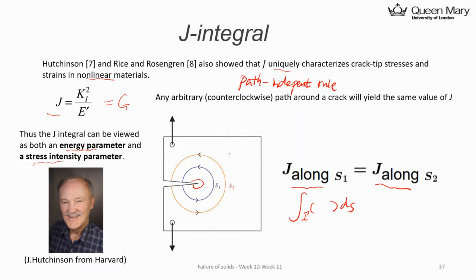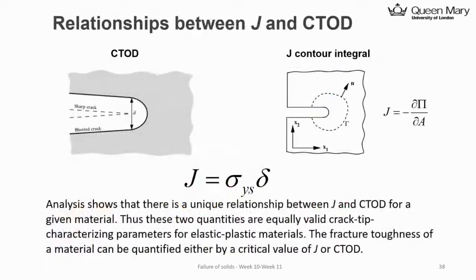So that will be very useful. You can choose any line to do the integral, even from here, from the outside to here, and you need to go through the crack and to here. You will still get the same answer, okay? So that's the usefulness of the J integral.